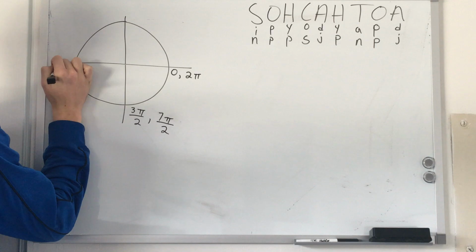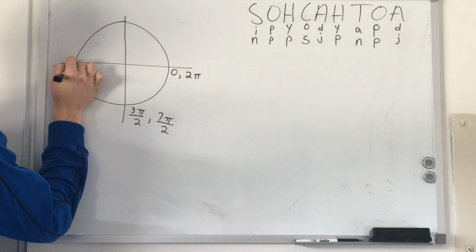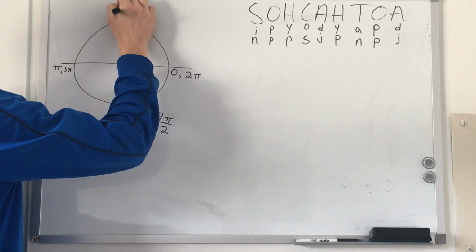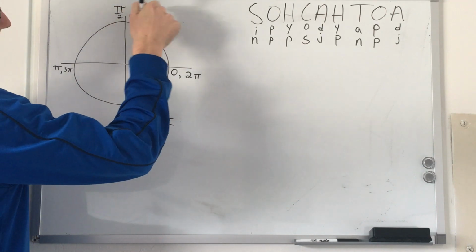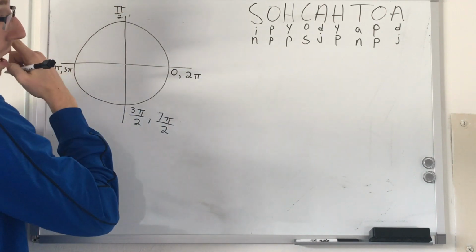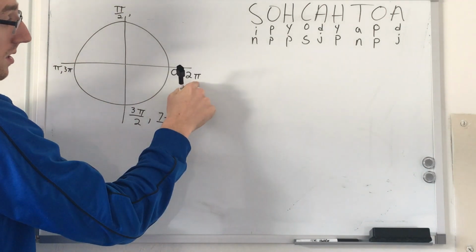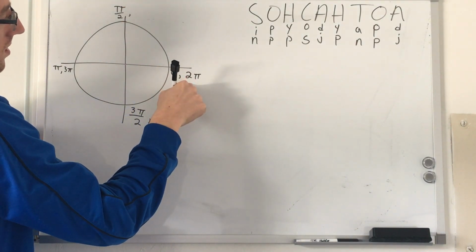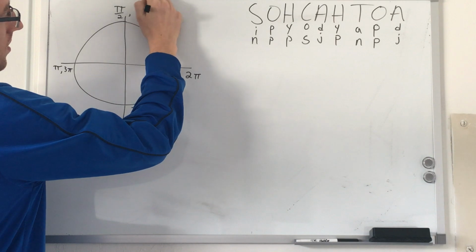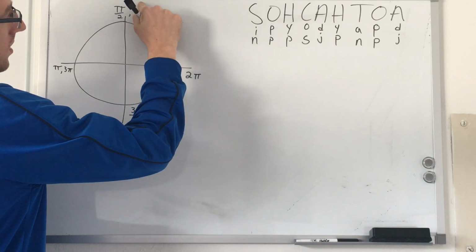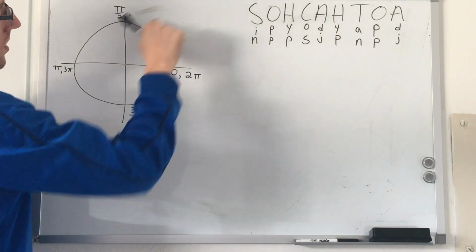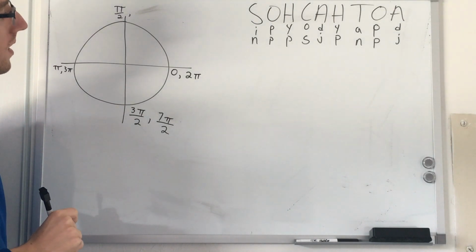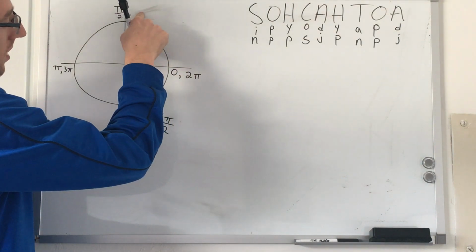This is pi or 3 pi. This is pi over 2, or what's the next one? So this is 6 pi over 2. No, this is 5 pi over 2. Also no. 4 pi over 2, 5 pi.